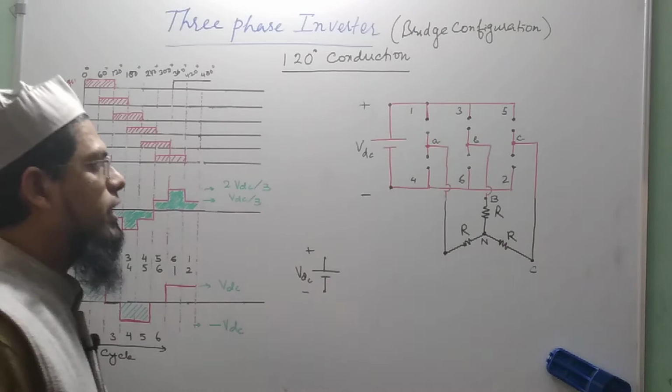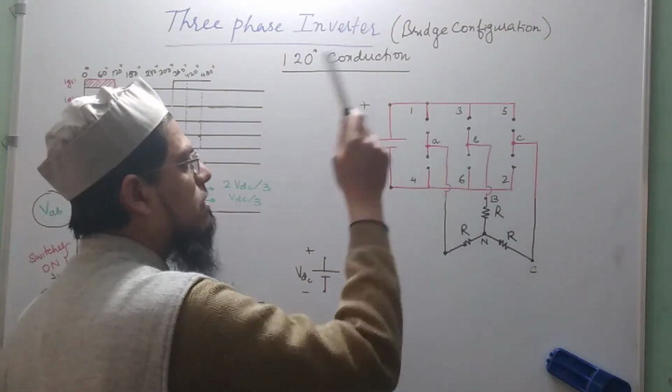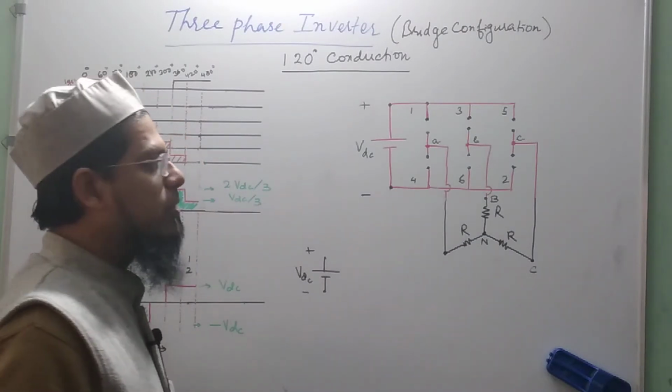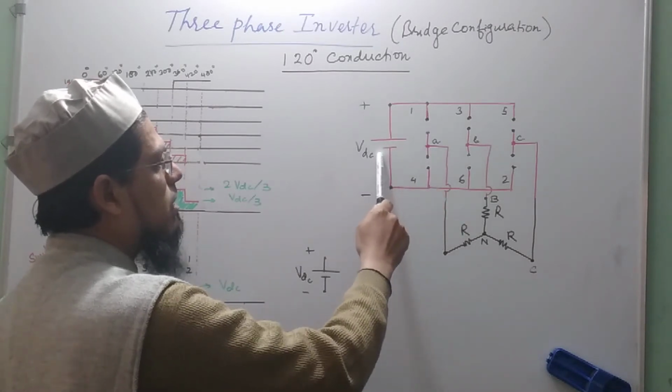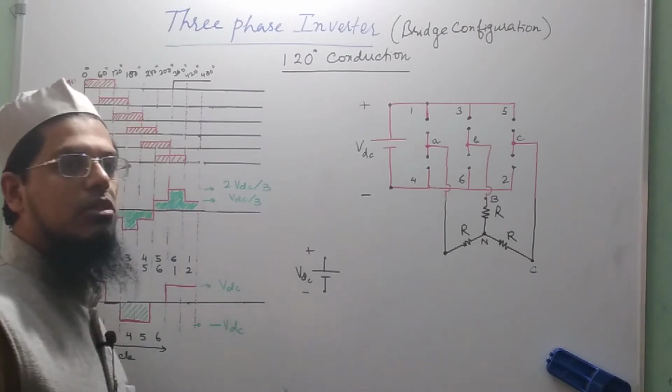The condition that none of the switches in the same leg can conduct at the same time has to be followed, because otherwise this will short the DC power supply and a high current will flow through the leg, and that may damage the switch.